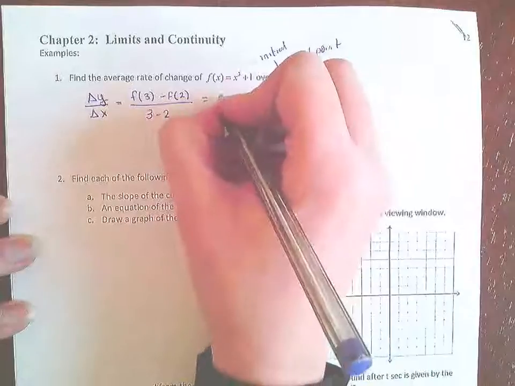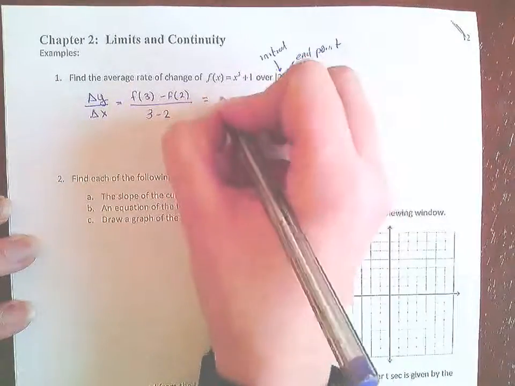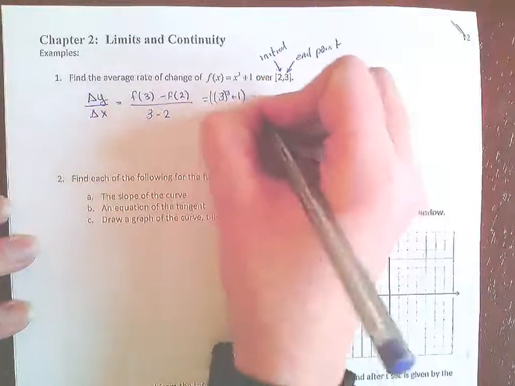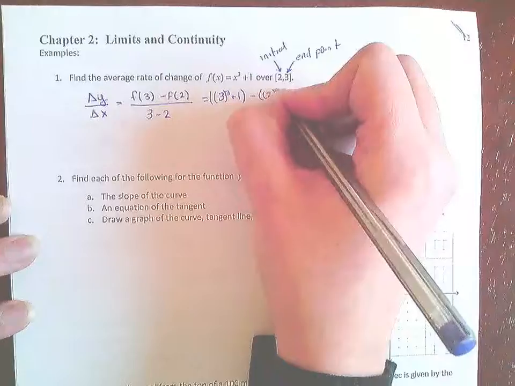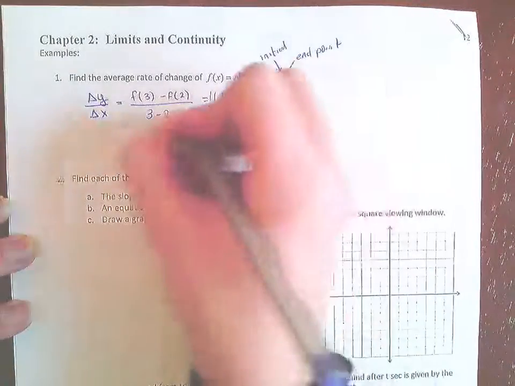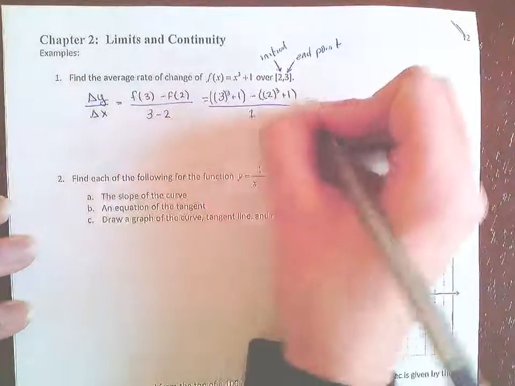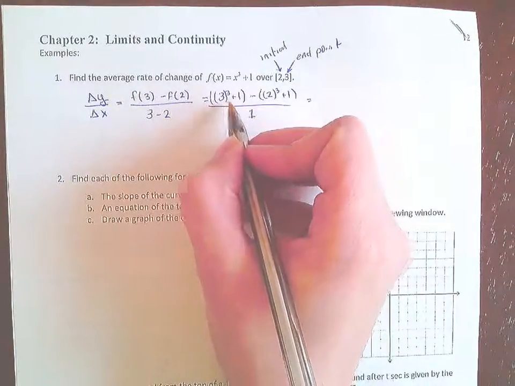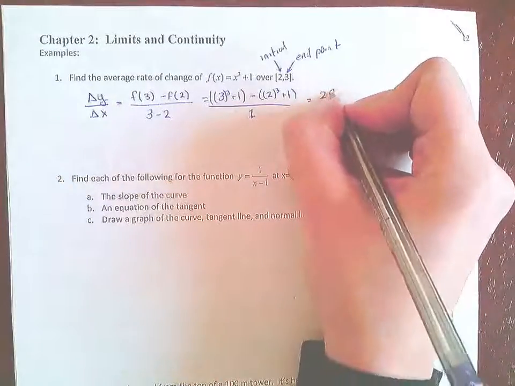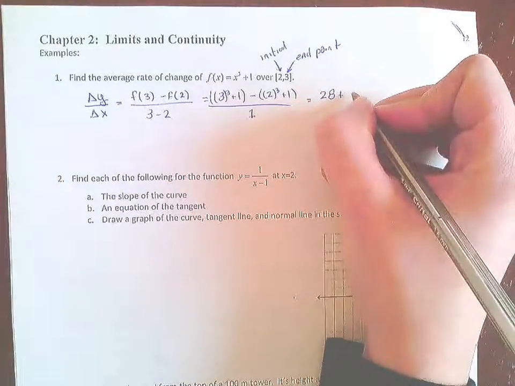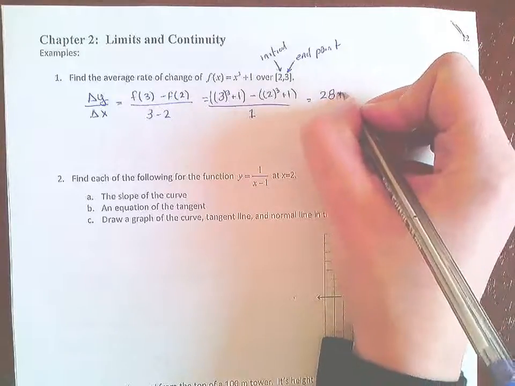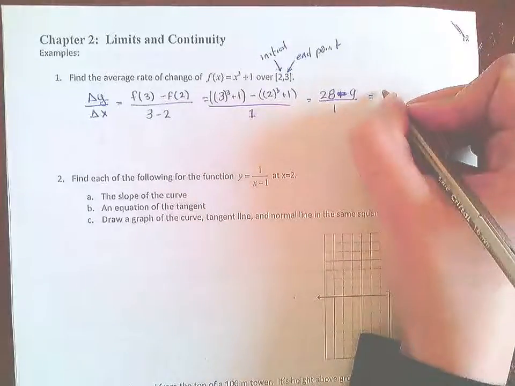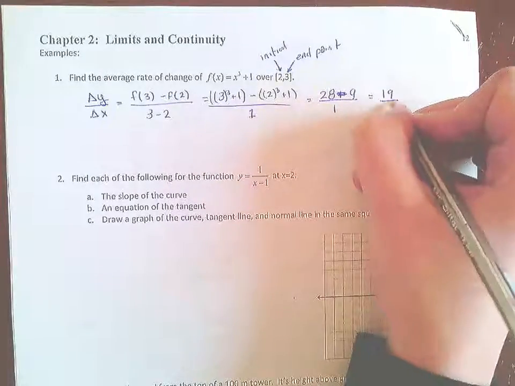So f of 3 means plug in 3 into this equation, so it's 3 cubed plus 1 minus 2 cubed plus 1, and all of that is going to be over 3 minus 2, which of course is 1. So once you do this operation, 3 cubed plus 1 is 28, I'm sorry, it's not going to be plus, it's going to be minus, 9 over 1, and 28 minus 9 is 19 over 1.